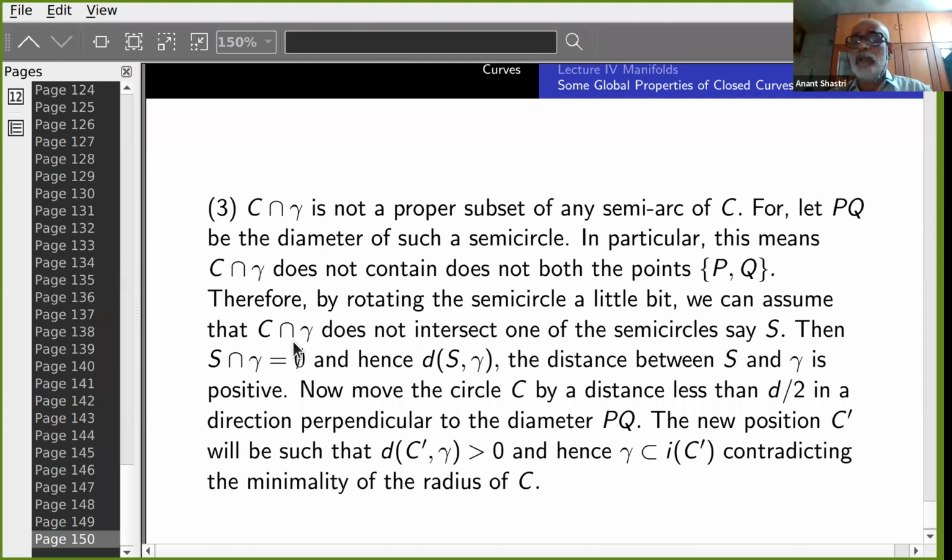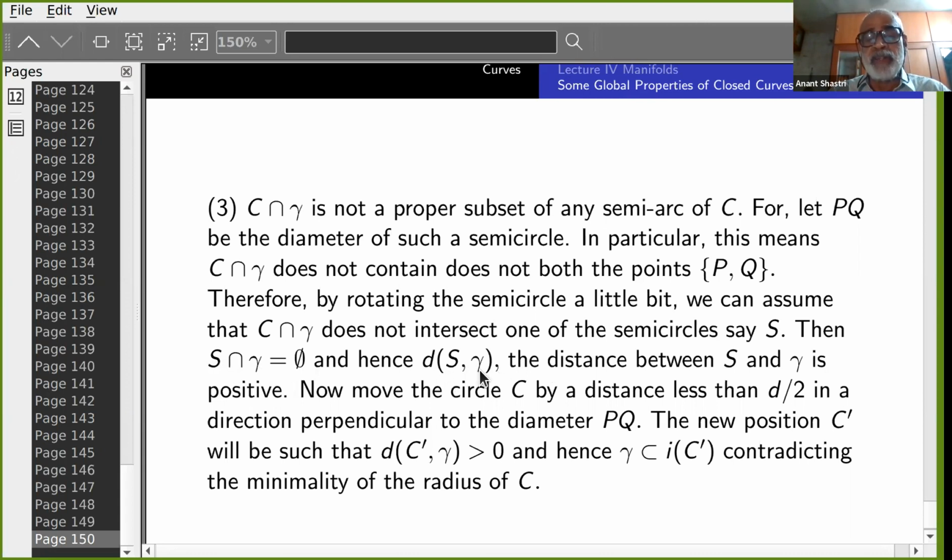We want to say there is a contradiction. This cannot happen. Why? Because now the entire S intersection gamma itself is empty, because if it intersects gamma, then those points will be inside C intersection gamma, right? So S is a part of C. Now S is a closed set, gamma is a closed set, and the distance between these two disjoint closed sets is positive.